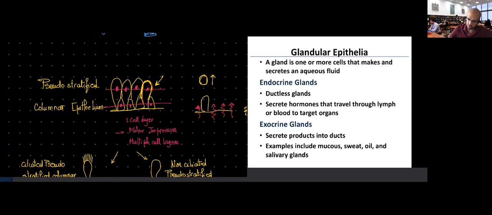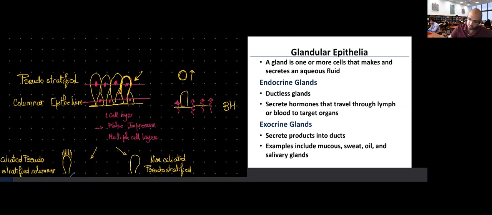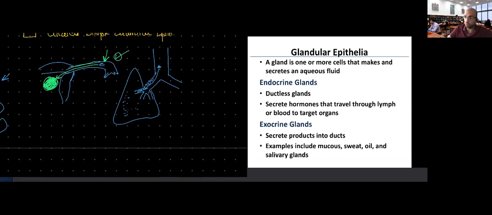The only difference between those two types is that here the cells are crowded, giving me an impression I'm looking at more than one cell layer. But they serve the same purpose, which is the secretion of mucus and the propulsion of this mucus.